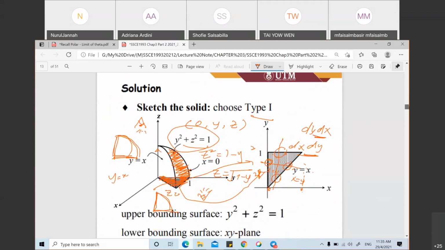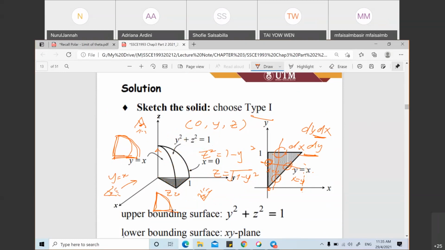Your dx, 0 to y. You see here, if I erase this, okay. If I draw, for the x, you have to put your eyes here.